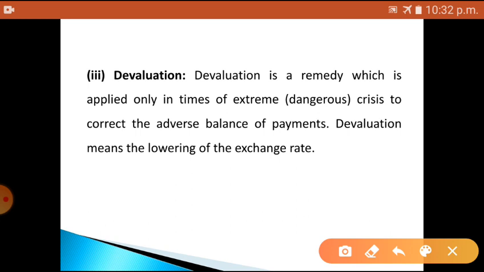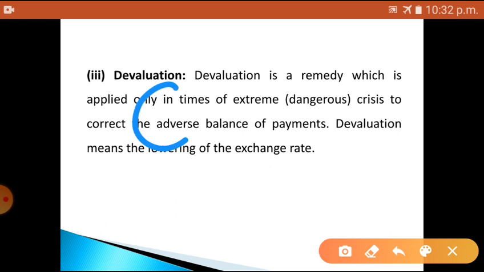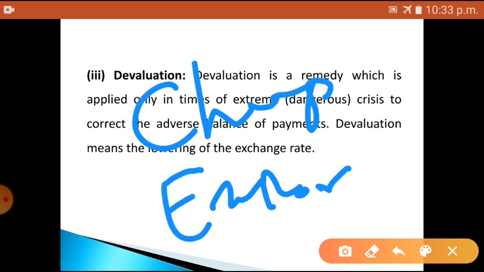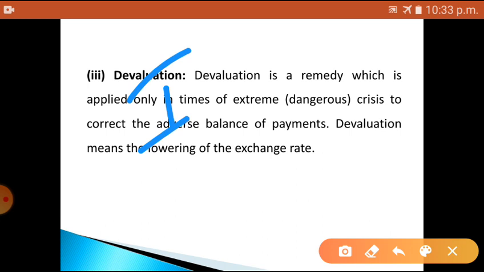Devaluation is usually adopted to make export prices cheaper, as well as to make import prices higher.